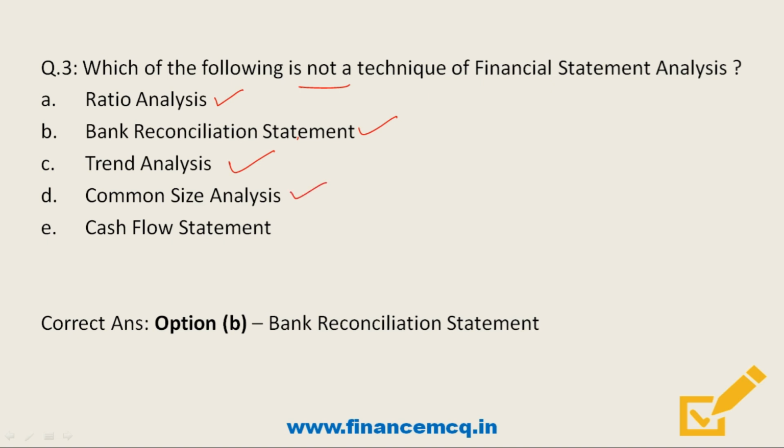Here total assets or total liabilities or sales is taken as 100 and the balance items are compared to them and shown as a percentage of total assets or total liabilities in case of common size balance sheet, and as a percentage of total sales in case of common size income statement. And as far as cash flow statement is concerned, it shows movement of cash across three activities of the business, that is investing activities, financing activities, and operating activities. I hope these concepts are clear now, friends.